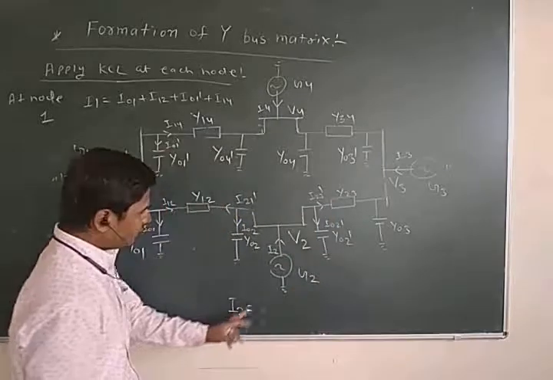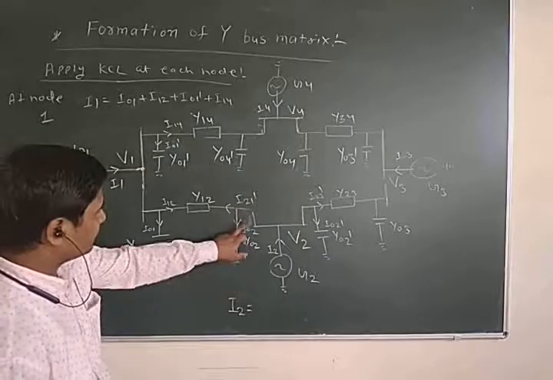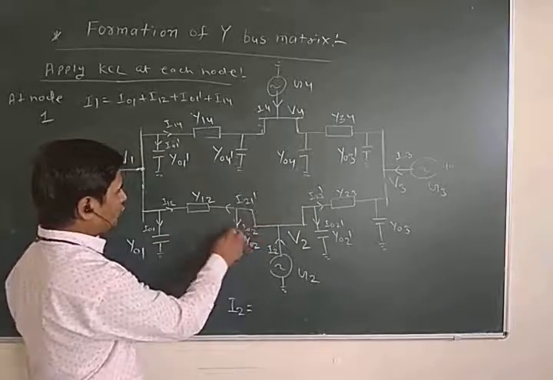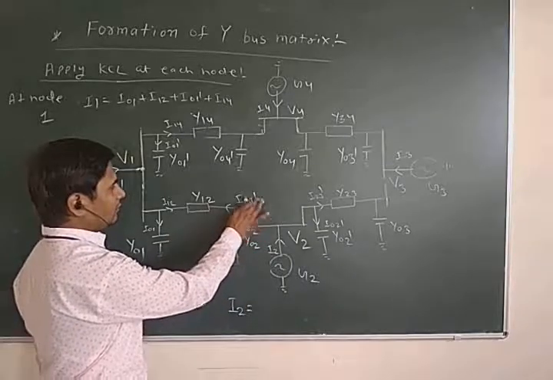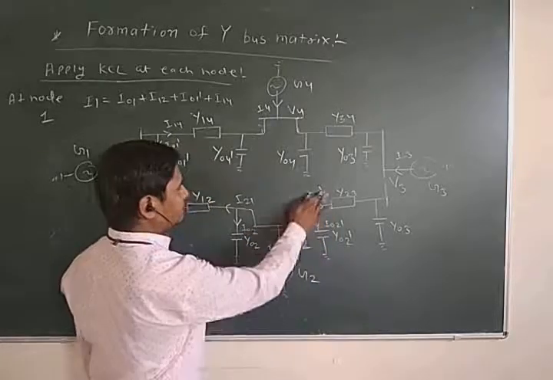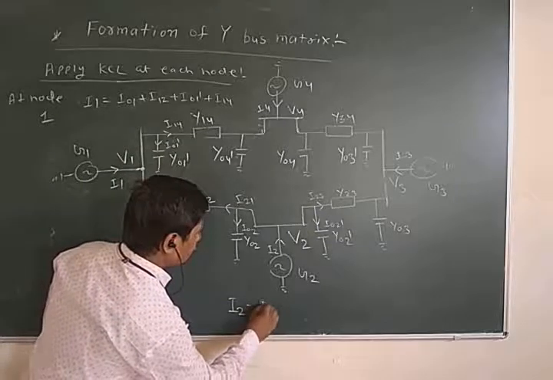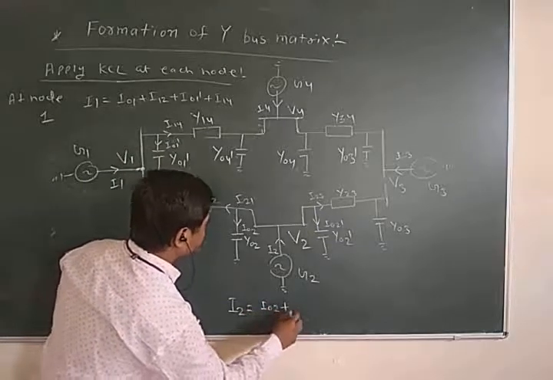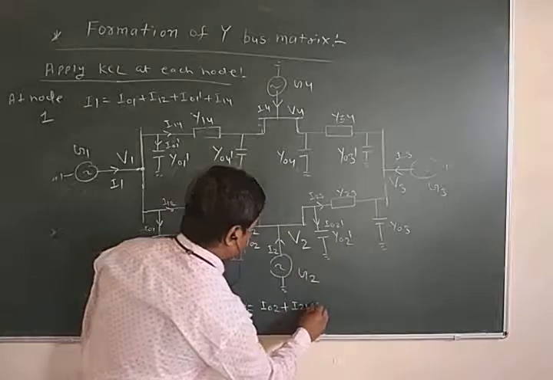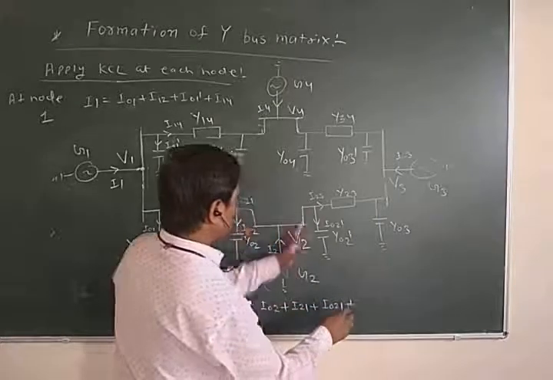So we can write incoming current is I2 and outgoing currents are I02, I21, I02 dash and I23. Now I2 is equal to I02 plus I21 plus I02 dash plus I23.